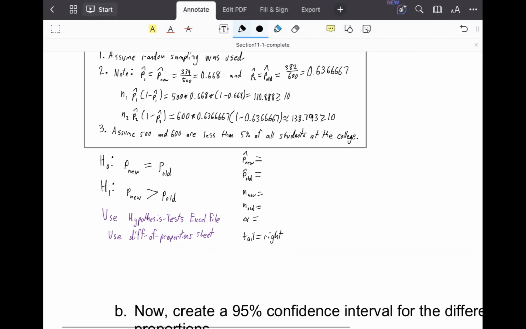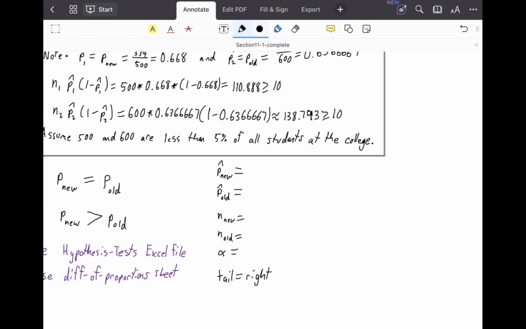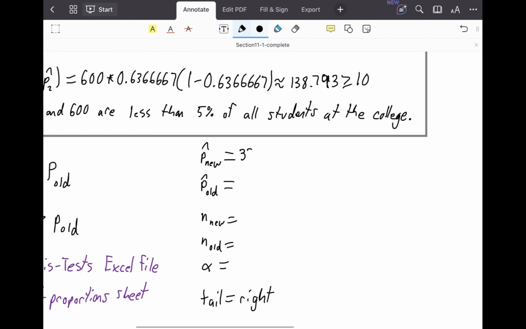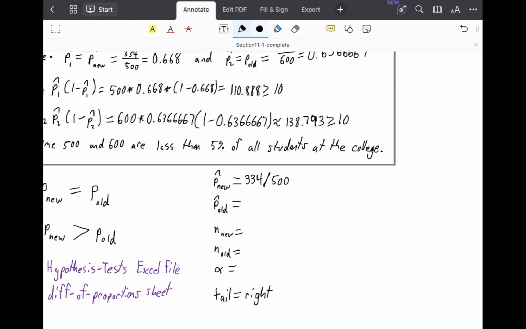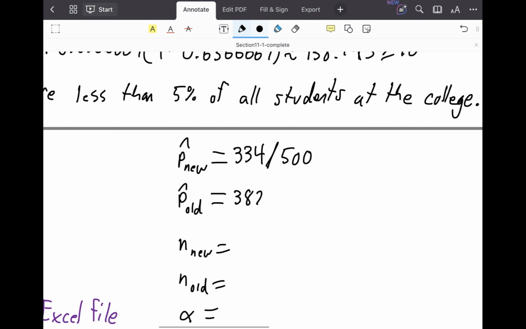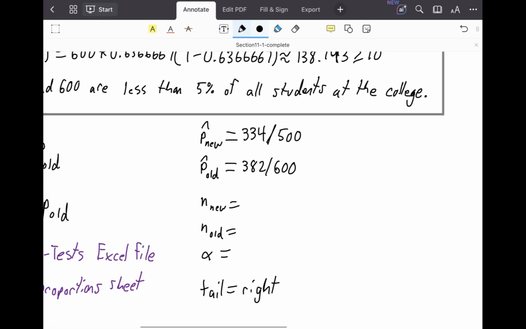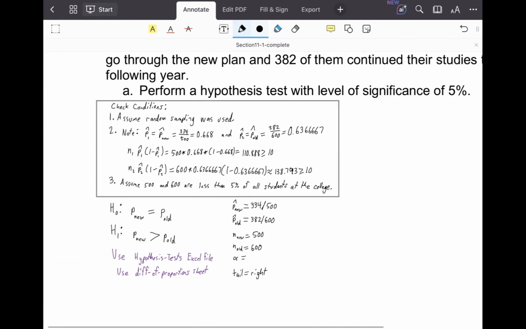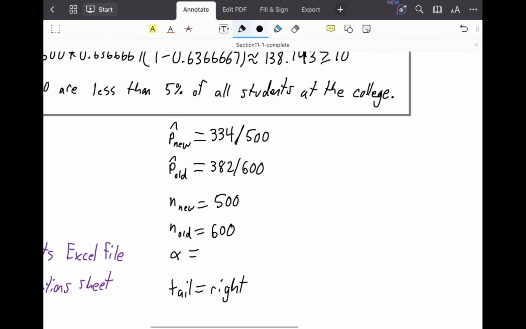And now I can fill in what these values are. For the new one, it's 334 out of 500. I'll just do that in Excel. And then for the old one, it's 382 out of 600. 500 for the new, 600 for the old. The level of significance was 5%, 0.05.